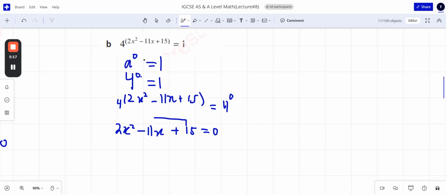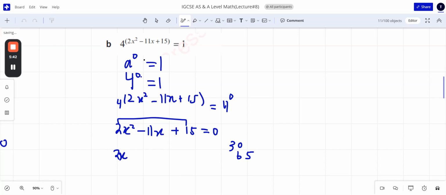So 15 times 2 is 30. And now we will find the factors of 30. 10 times 3 is 30, but it doesn't give us the 11. Then 15 times 2 is 30, but it also doesn't give us 11. So 6 times 5 is 30 and 6 plus 5 is 11. We will use these two factors.